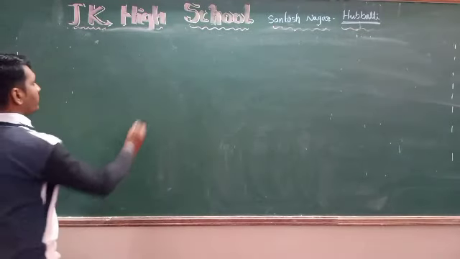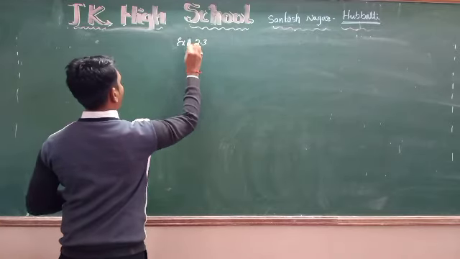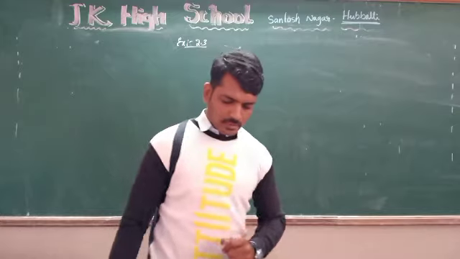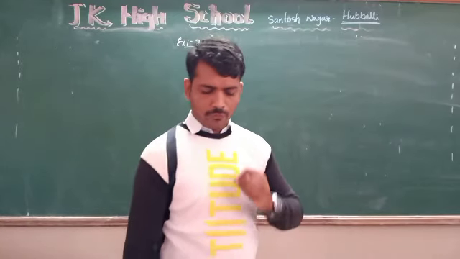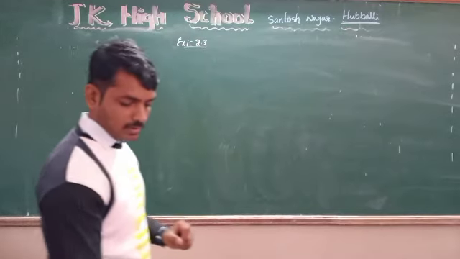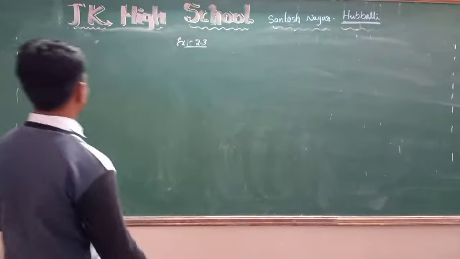So all the people have learned. Exercise 2.3. Complete the following table of products of two monomials. Okay, let us do the table. 1, 2, 3, 4, 5, 6, 7.